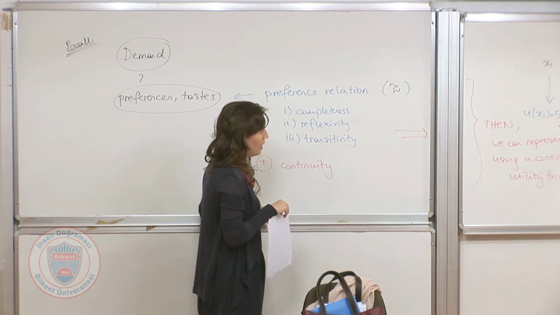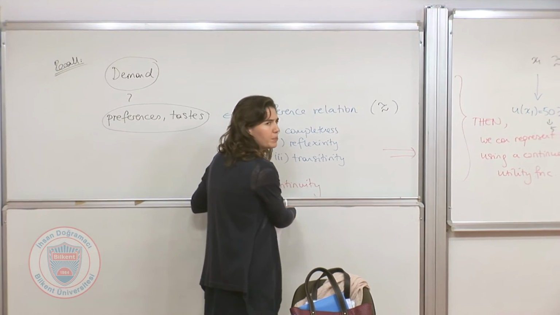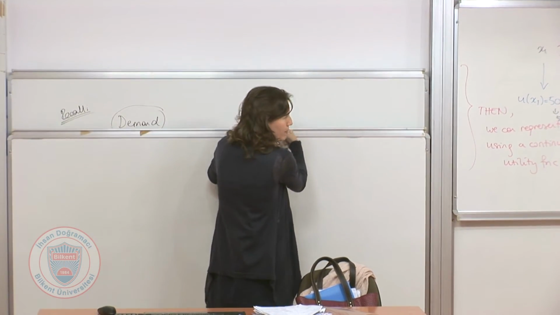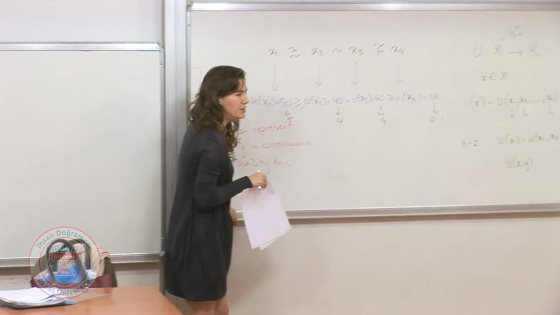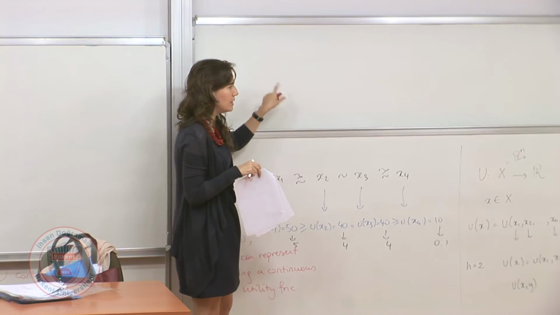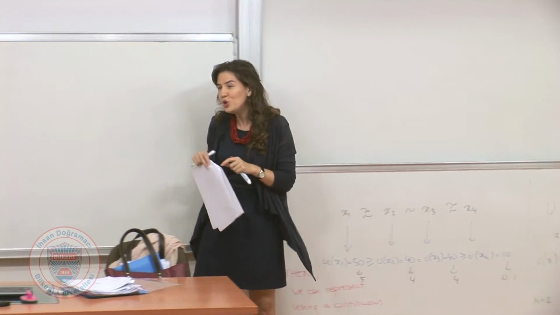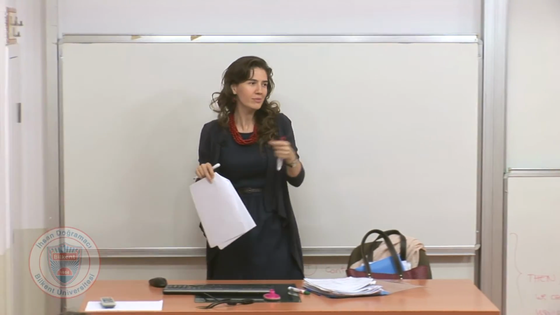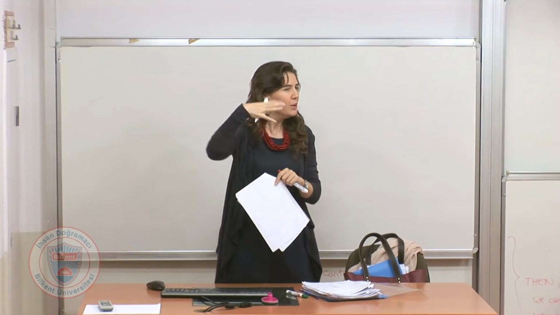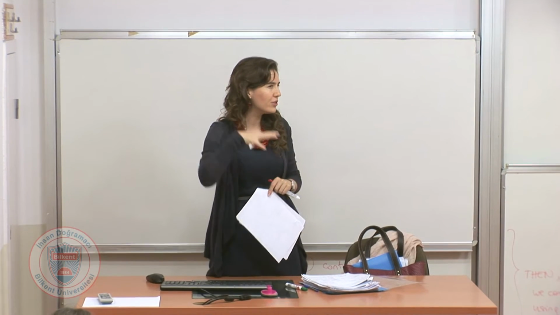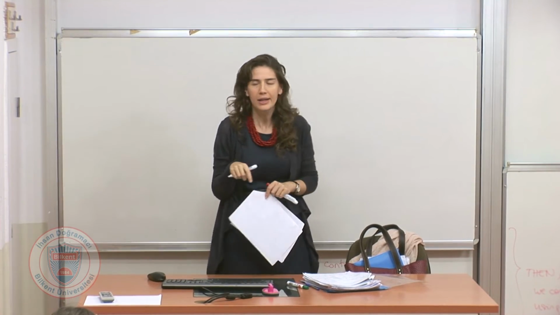But then we talked about another property, another thing which might be true about your tastes and preferences. You might like more of a good, and if you're not decreasing the amount of the other goods, as you get more and more of a good, you might like this better, right?